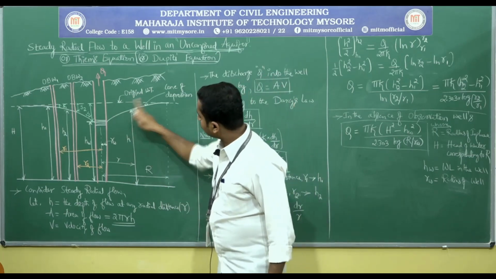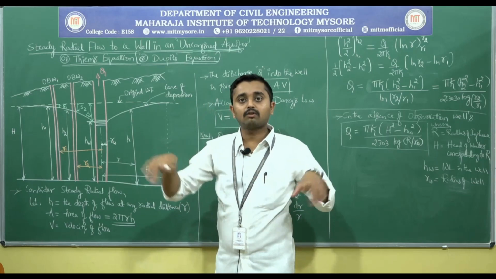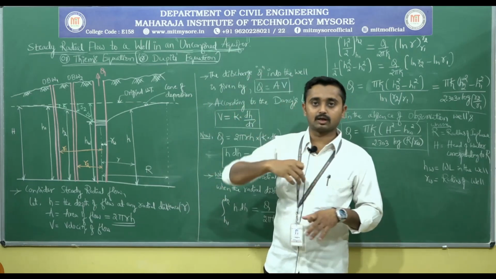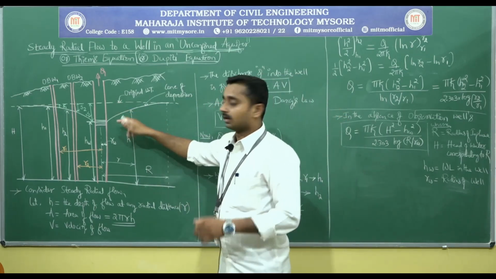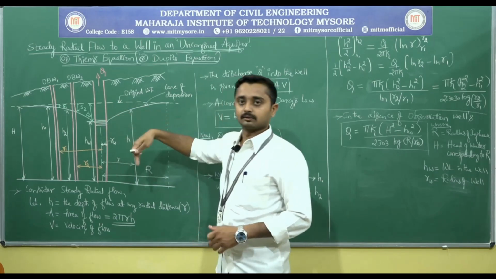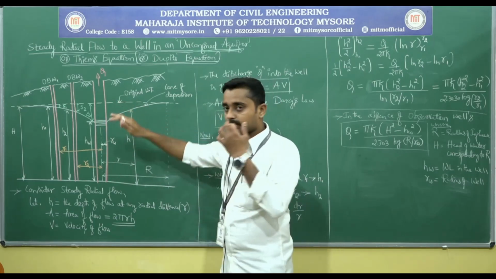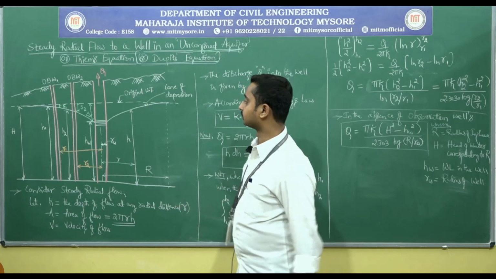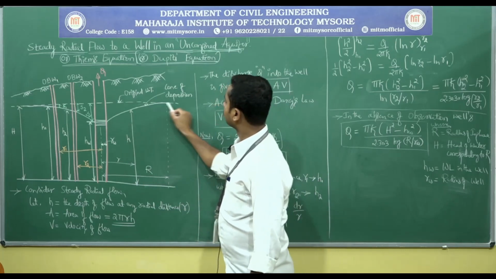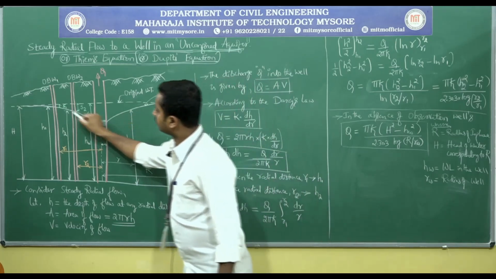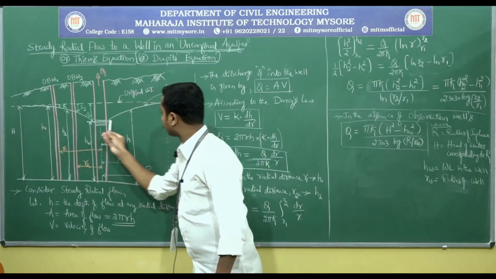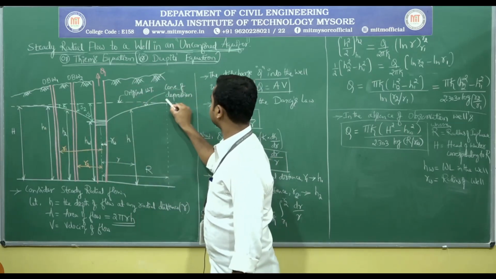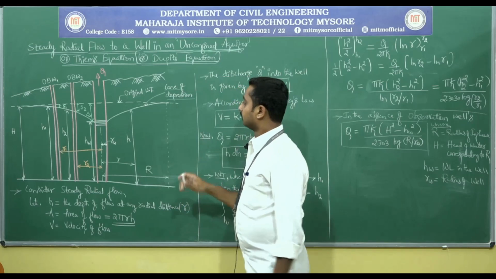This is the cone of depression, the area of influence. Within some area around the pumping well, the water level slowly decreases. This is the cone of depression that shows a reduced water level.